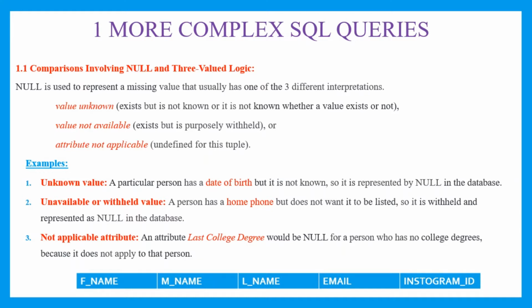Let us begin with what is null. In a database, null is used to indicate the absence of any data value. For example, at the time of recording the student information, the email may be unknown, so it is recorded as null in the database.